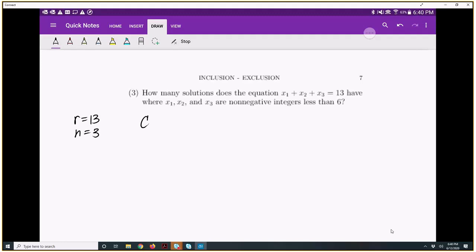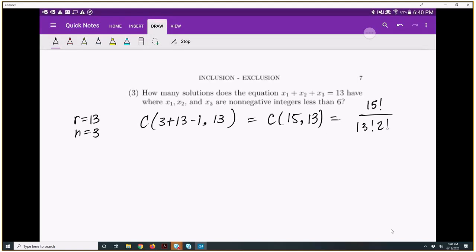So this corresponds to choosing 3 plus 13 minus 1, choosing 13 from 15. This is the total number of solutions, and then we're going to restrict that number so that x1, x2, and x3 are less than 6. So the total number of solutions is going to be 105.